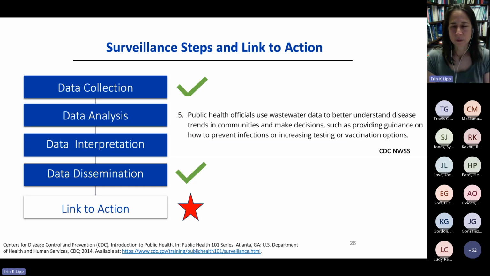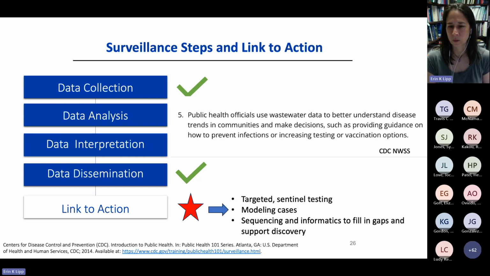And the idea, and this comes from the CDC news site, is that public health officials will be able to use wastewater data to better understand disease trends in communities, make decisions such as providing guidance on how to prevent infections or increasing testing or vaccination options. And that has always been sort of the gold standard: how do we get this link to action? And I think this is one of the places that we still haven't quite gotten there. I think most people realize this is a really important tool, but what you do with it is sort of the next step in where we're going.